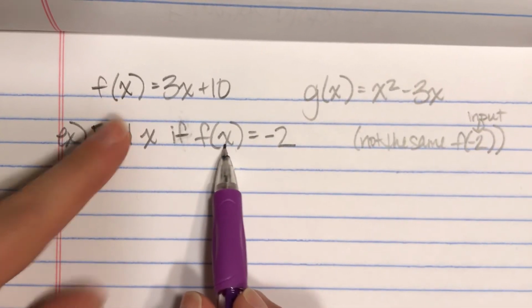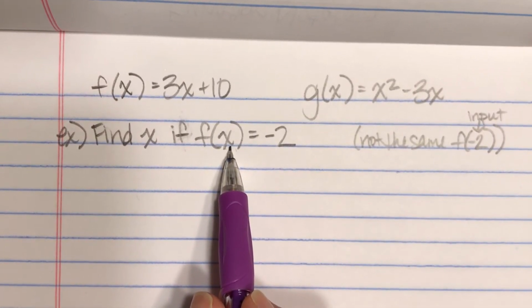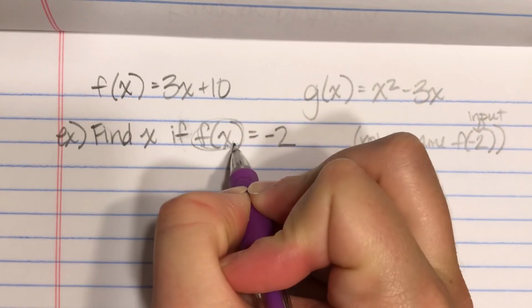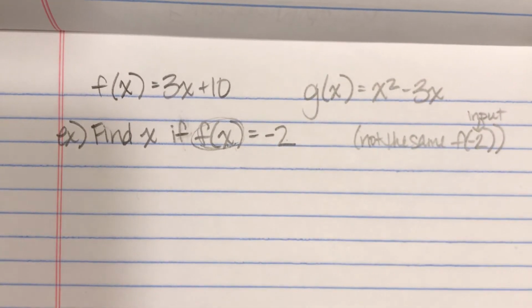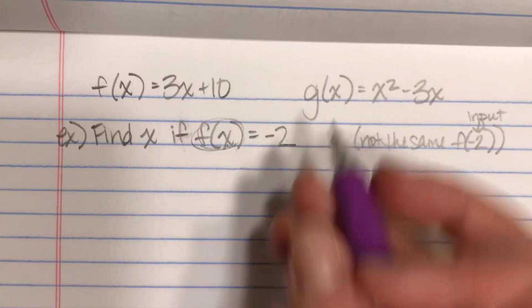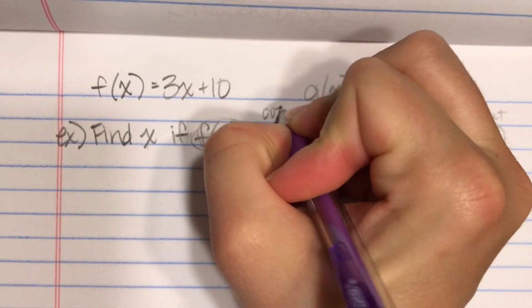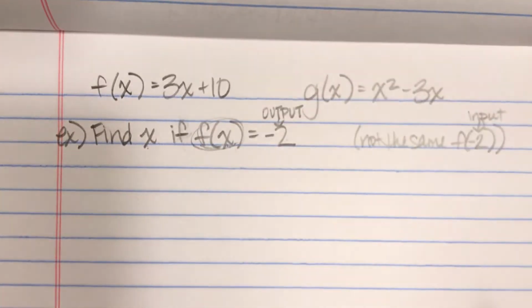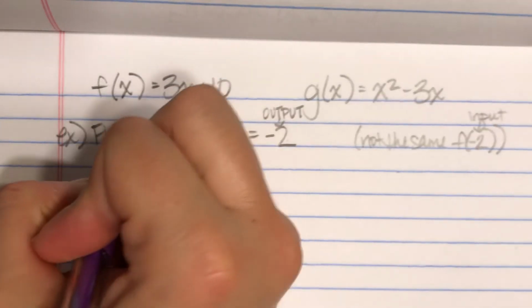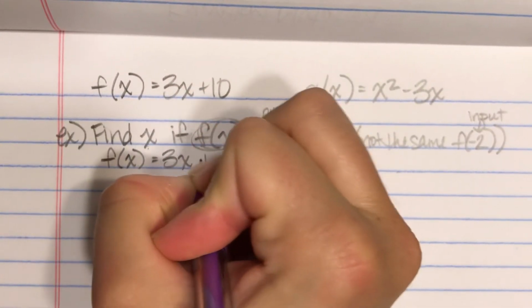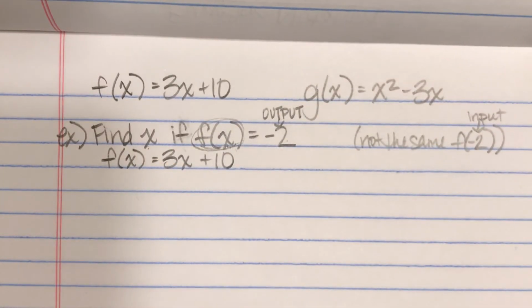I'm not replacing the x with a negative 2. I'm saying I don't know what x is, but I need the formula to equal -2. Basically, what this is telling you is figure out the x value so that you have an output of -2, okay? So it's like I'm taking my formula, f of x equals 3x plus 10, and I'm saying, you know what?